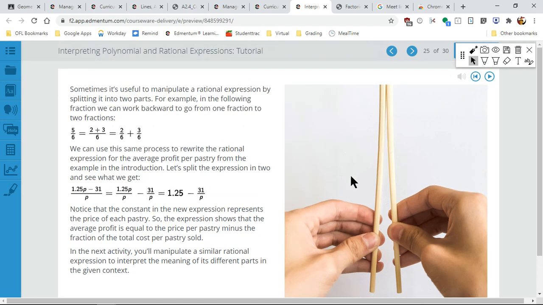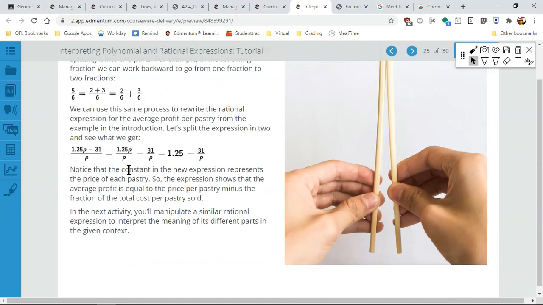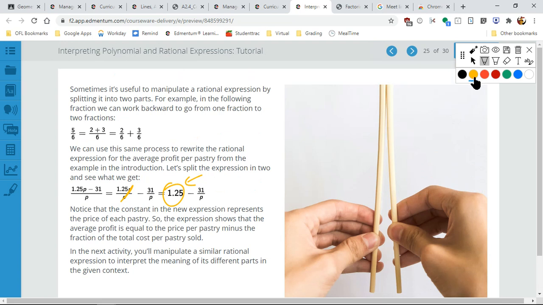That's why they do this little chopstick thing. We're splitting it up, but they're both being divided by that. Once we do that, it's so much easier to see that these p's cancel out. So now we have this constant minus this. So what does this number represent? Well, we'll talk about that when we get into our next thing right here.